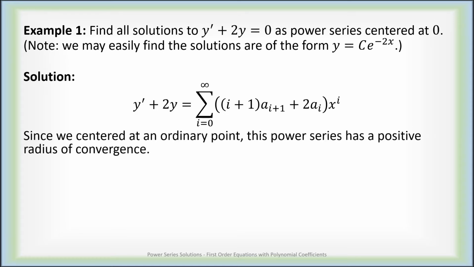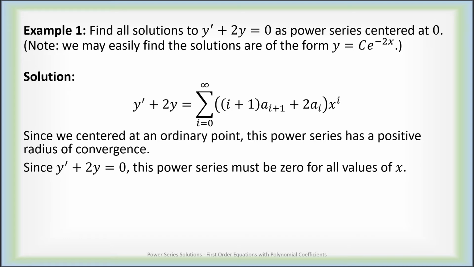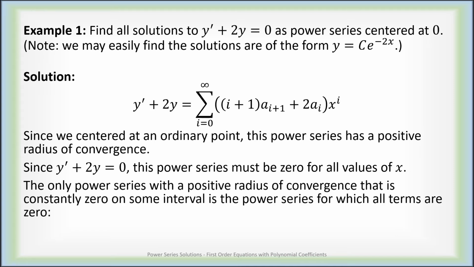But since we centered at an ordinary point, this power series has a positive radius of convergence. And since y prime plus 2y is 0, we now have a power series with a positive radius of convergence, which is always 0, and therefore the power series must always be 0. The only way you can have a power series with a positive radius of convergence that's constantly 0 on some interval is for the power series to have all terms equal to 0.